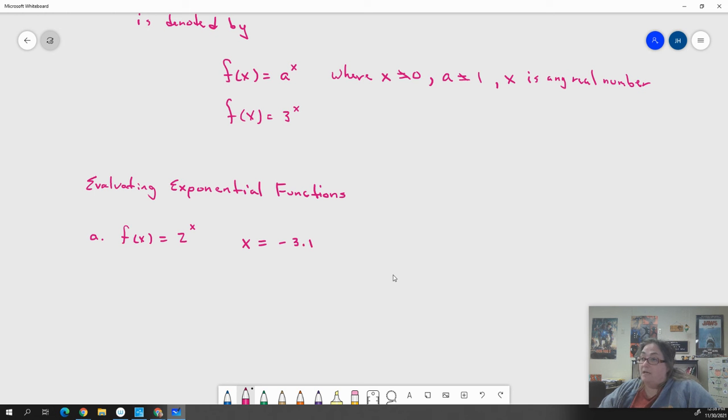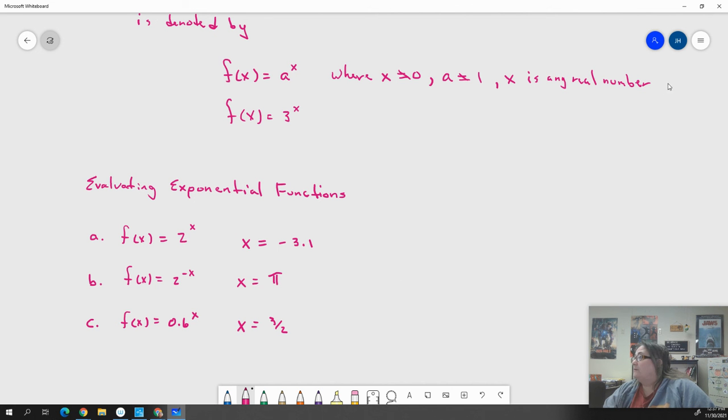And let's write them all down. Let's also do f of x equals 2 to the negative x when x equals pi. And let's see, f of x equals 0.6 to the x power when x equals 3/2.